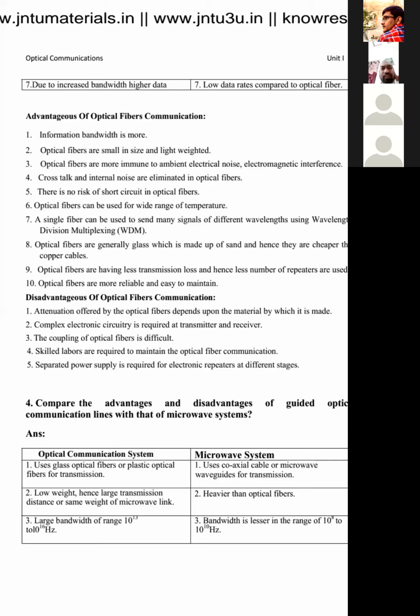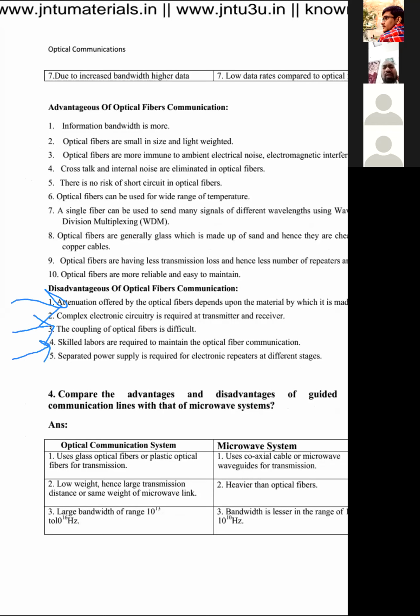It has complex electronic circuitry. And one of the important points is that coupling of optical fibers is difficult. Next is manpower. Skilled people should be there to connect it.